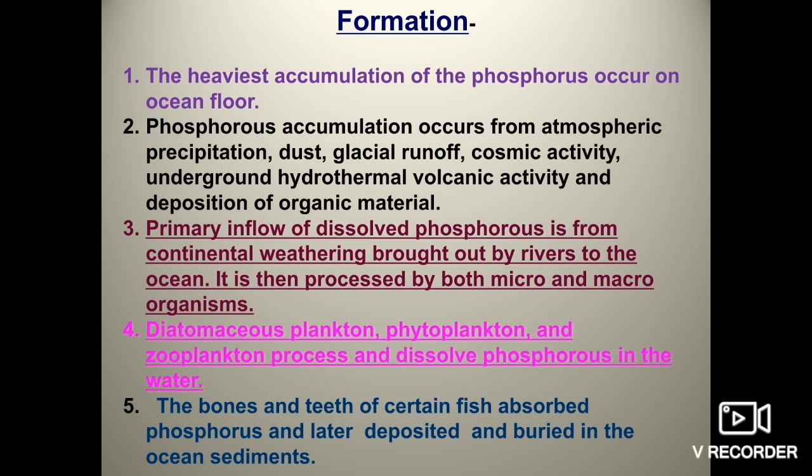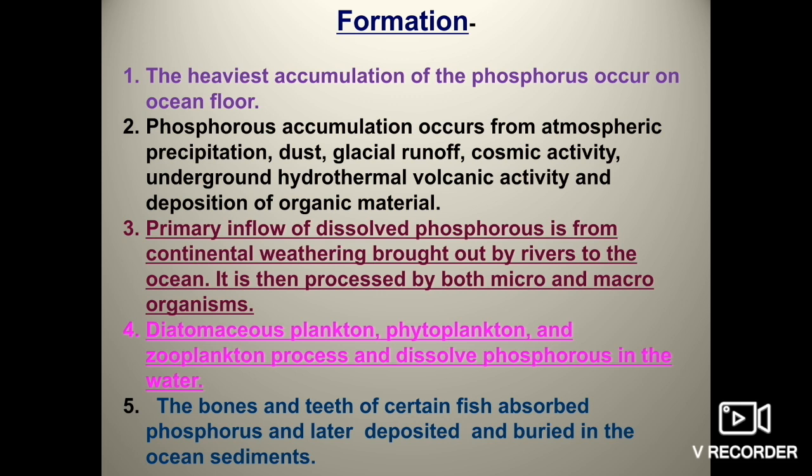Phosphorus accumulation occurs from the following categories: atmospheric precipitation, dust, glacial runoff, cosmic activity, underground hydrothermal activity, volcanic activity, and the deposition of organic materials.